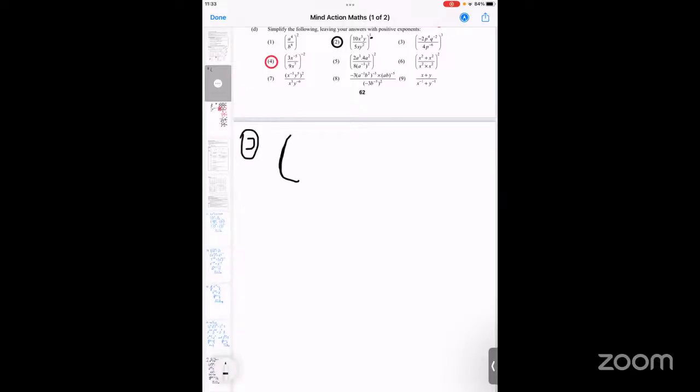This is where we have inside the bracket 10x to the 3y over 5xy to the 2, and then all of this to the 3. Because I realize most of you, you do all the others correctly, but you just miss this one.